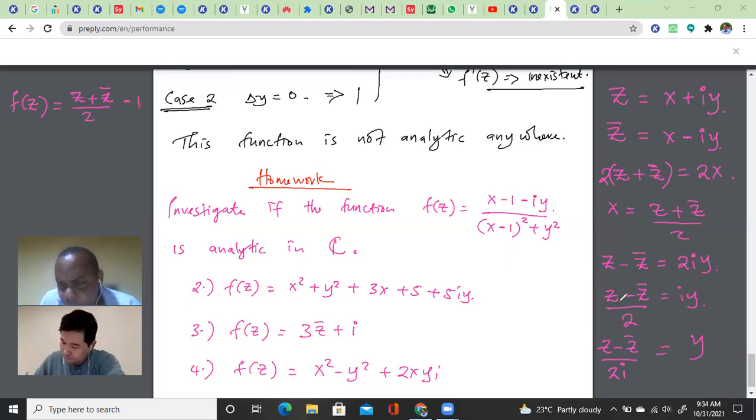And then iy is z minus z bar over 2, with a minus in front, so minus is plus.